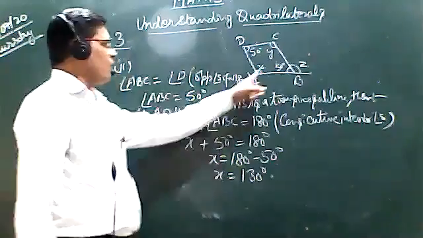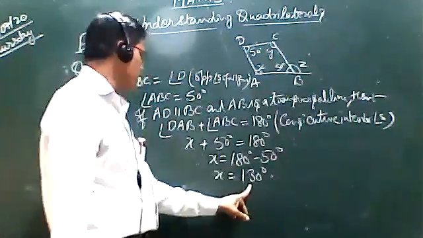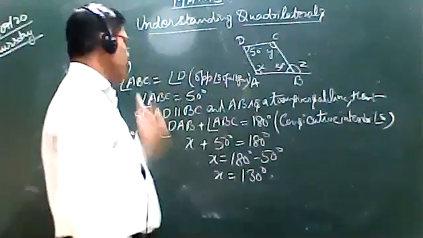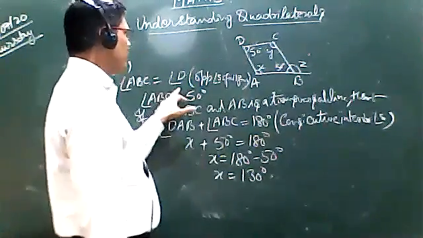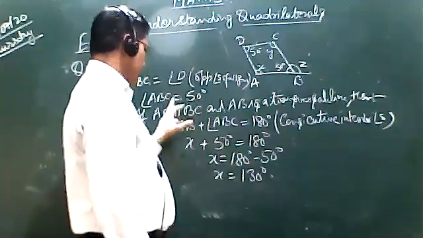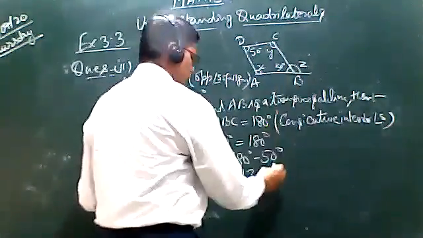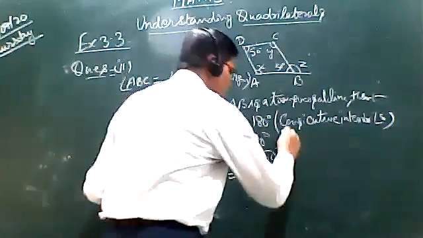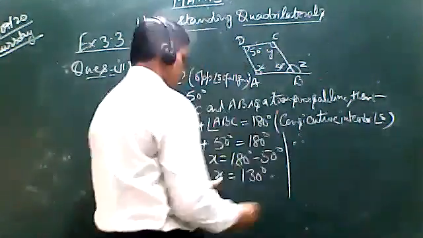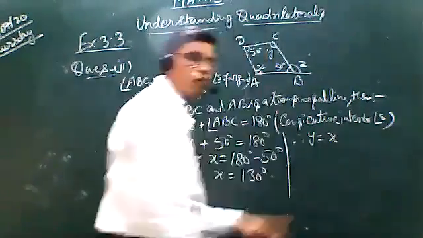And we find the value of X. We found the unknown value X also, it comes 130. B was 50. Angle D we have found, angle B also found, angle X also came. Now we find Y. If X is 130, therefore Y is equal to X. Why?